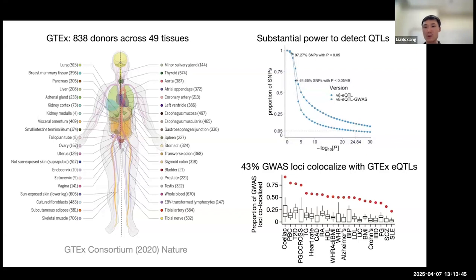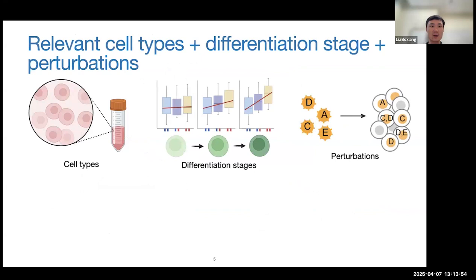This begs the question of where the remaining co-localization events are. From 2020 to now, the field has moved past GTEx and onto single-cell QTLs. We're realizing that there are three key pillars to identifying these GWAS loci that are not co-localized by bulk sequencing.